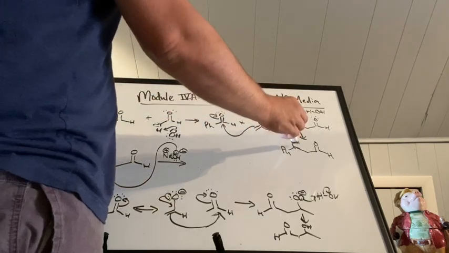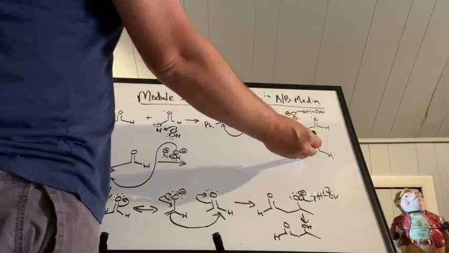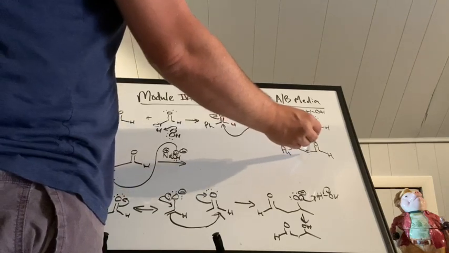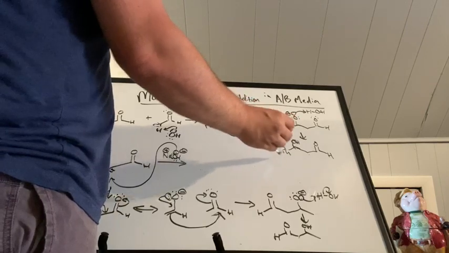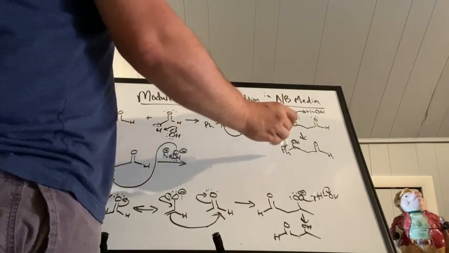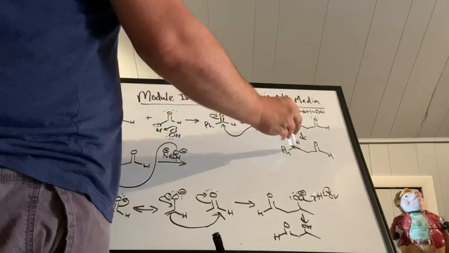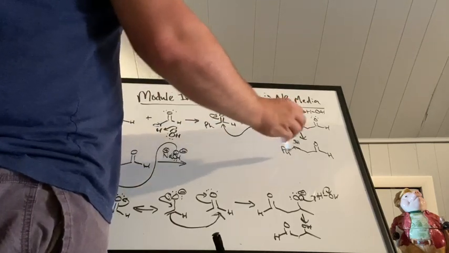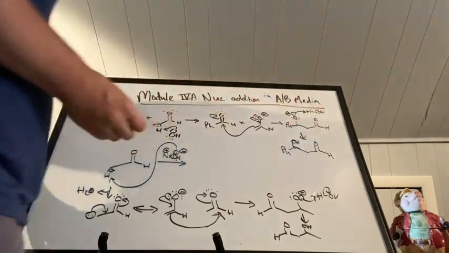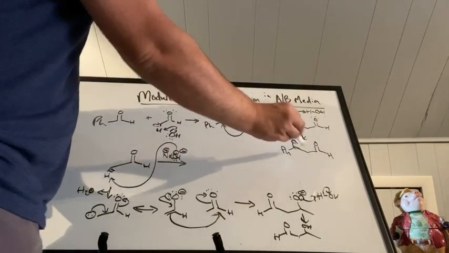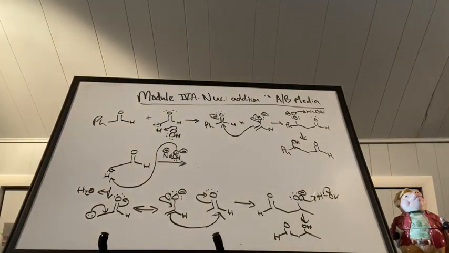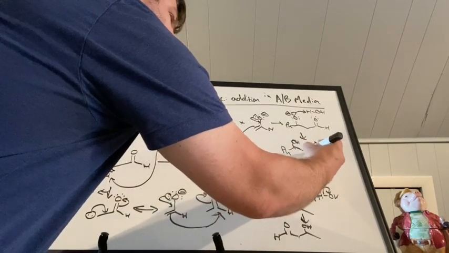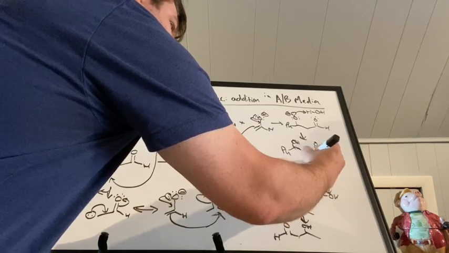aldol condensation. What's going to happen here now is that since this needs to be eliminated in order to jump from a conjugated system, so in other words, this is going to be a phenyl ring, right? So what's going to break up the pi system right here and the pi system that's right here? Something that's begging to be a pi system right there in the middle. Okay, so in other words, conjugation is going to drive this particular mechanism.